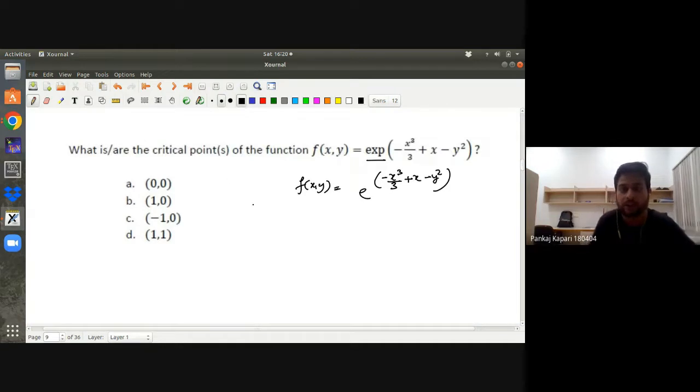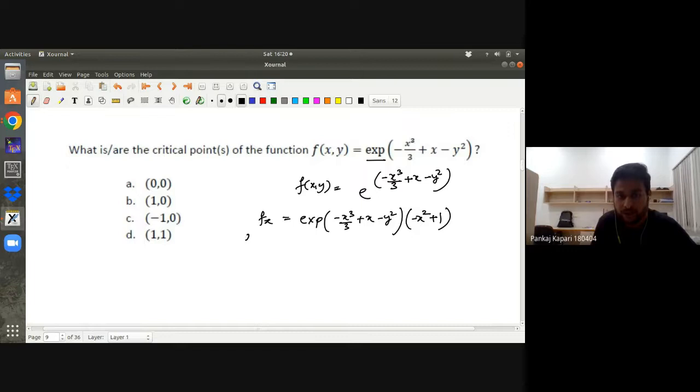For critical points, we will evaluate the first partial derivatives with respect to x and y, put them equal to 0, and find their solutions. What is the first partial derivative with respect to x? fx is equal to exp of minus x cube by 3 plus x minus y square into the derivative with respect to x, applying the chain rule, which gives minus x square plus 1.